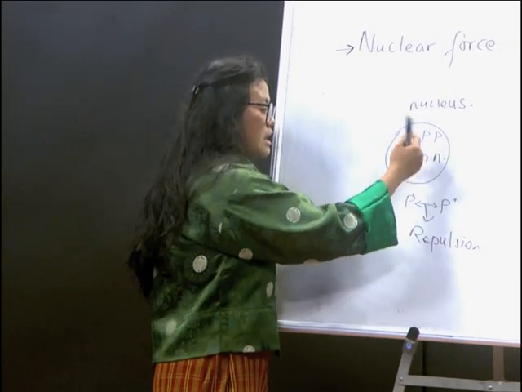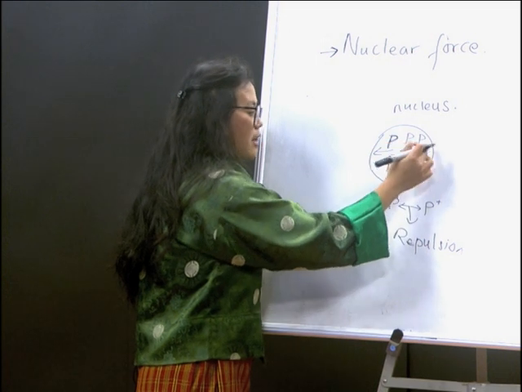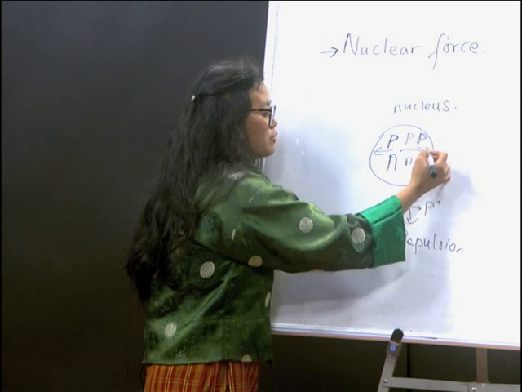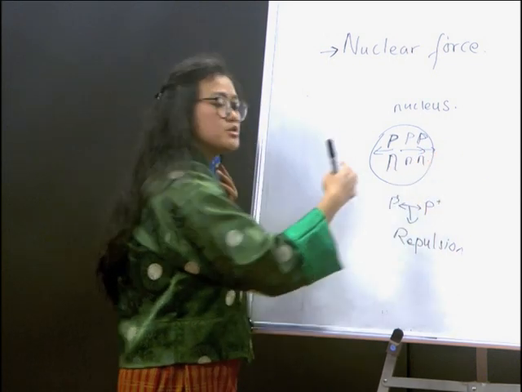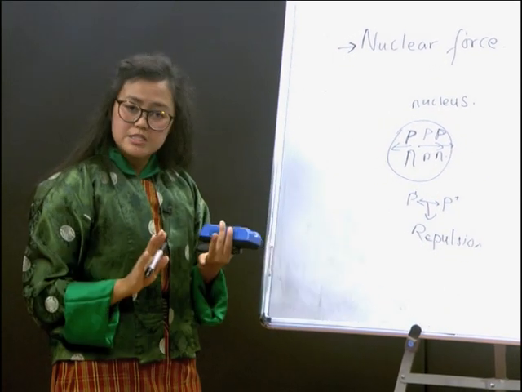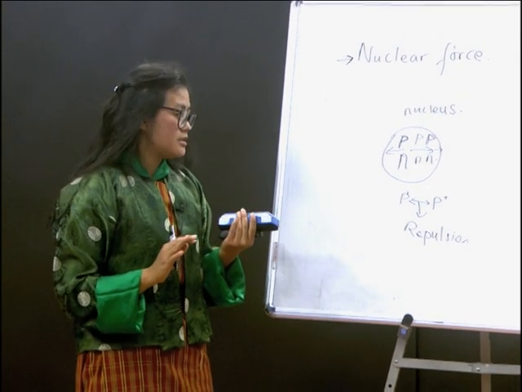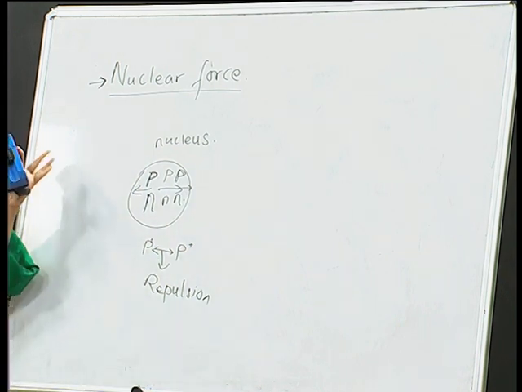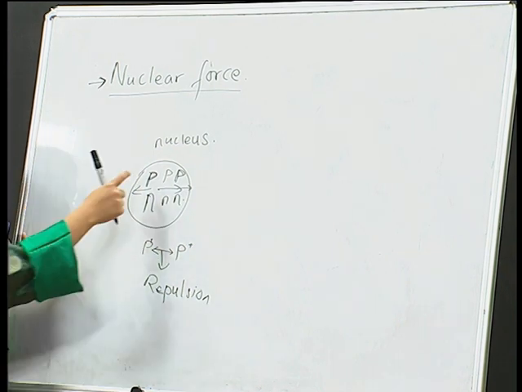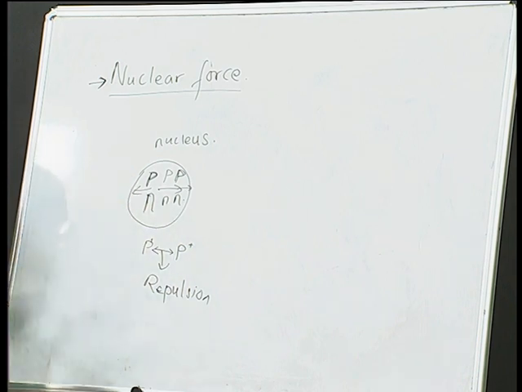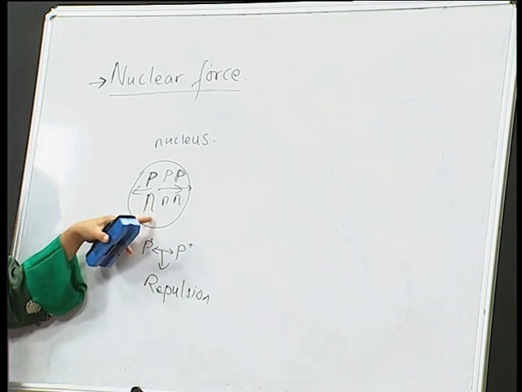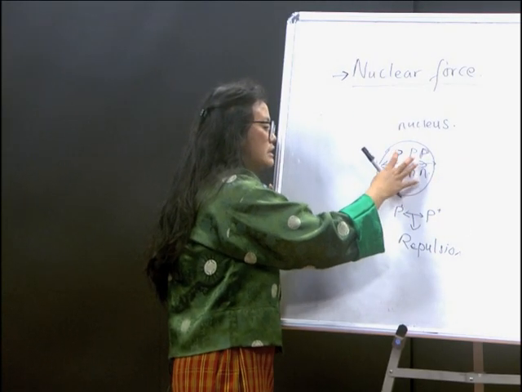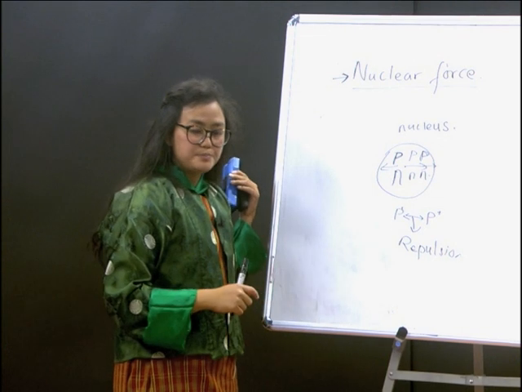So sometimes we expect that a proton will move out from this nucleus or split the nucleus. But it doesn't happen in the stable nuclide. Why? Because of this nuclear force. This nuclear force binds the particles properly and keeps them inside the nucleus. So because of this force, all the particles are held tightly inside the nucleus.